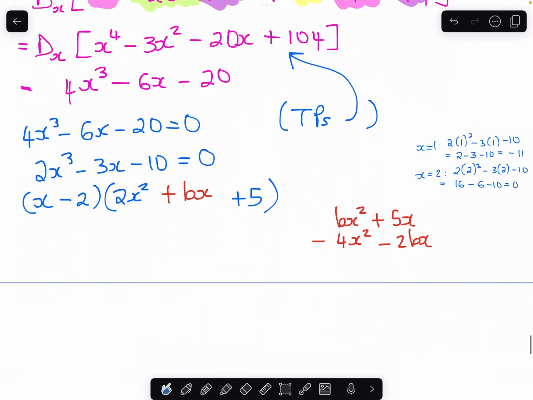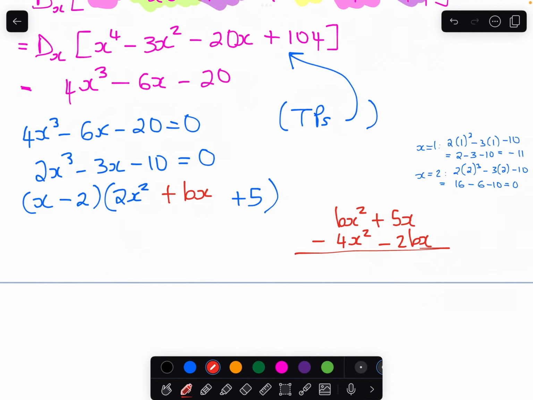That needs to add up to 0x squared, because we don't have an x squared term, and a minus 3x. Okay, so I can then see that my b is meant to be a 4, right?